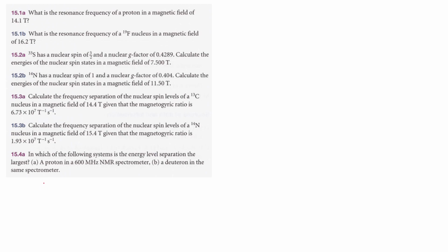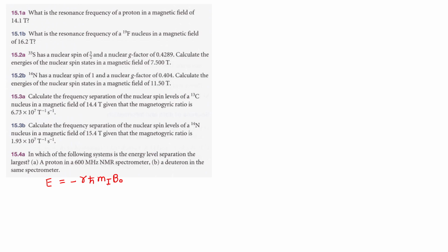So first, the energy of a particular spin state is given by minus gamma h cut mi B0, where gamma is your gyromagnetic ratio, and mi is your spin value for a particular spin state. It is not a spin quantum number.